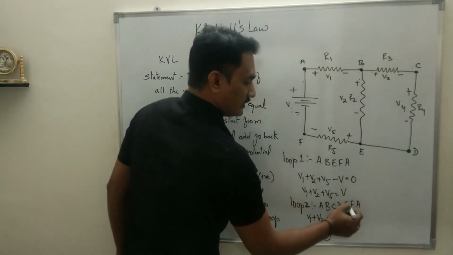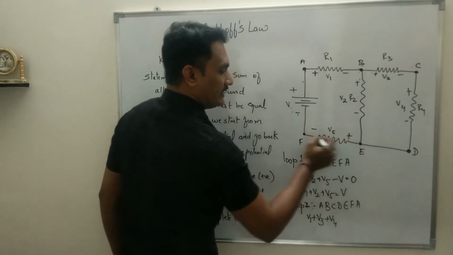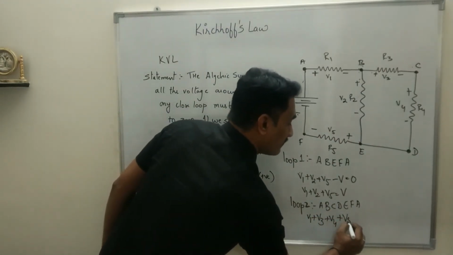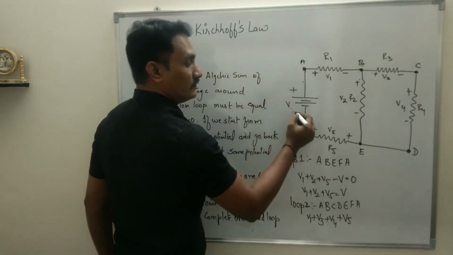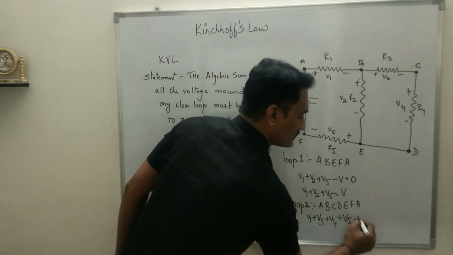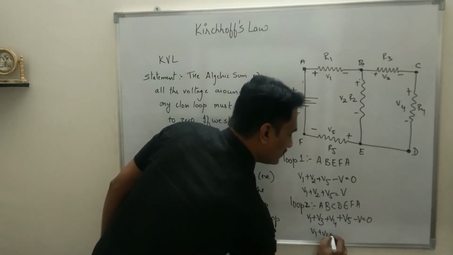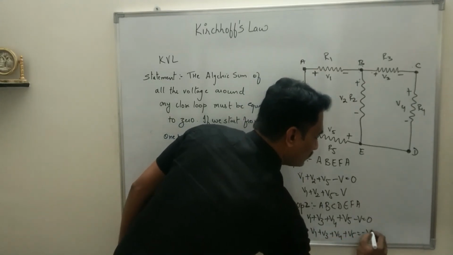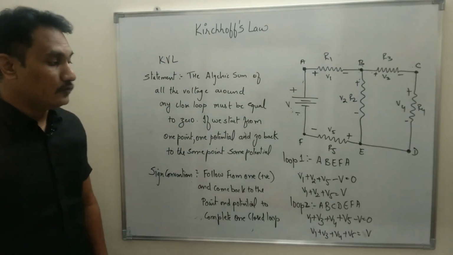D to E, of course there is no resistance, so no voltage drop. And E to F, we are moving from positive to negative, it will be plus V5. Then when you go back to A, it is moving from minus to plus, so it will be minus V equals 0. So V1 plus V3 plus V4 plus V5 equals V. That is the second loop.